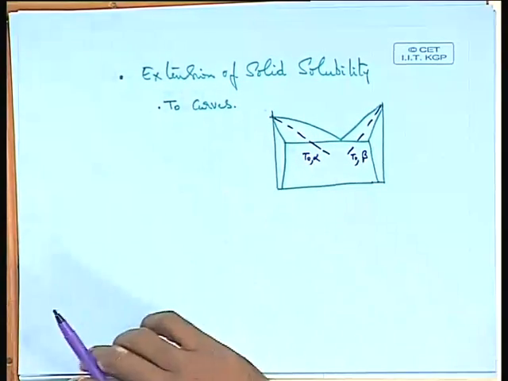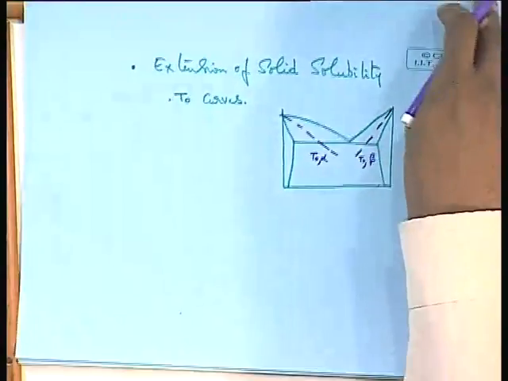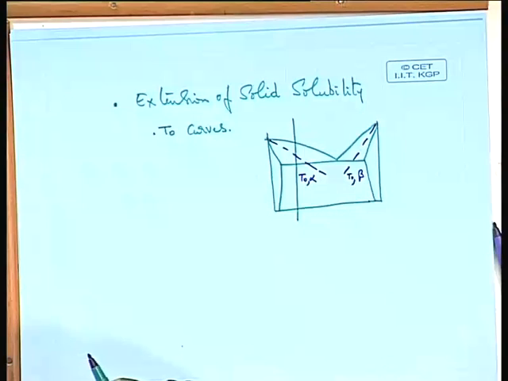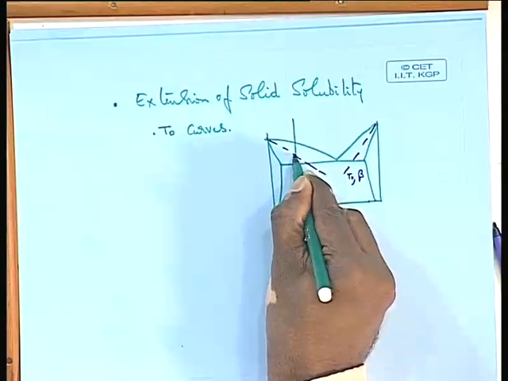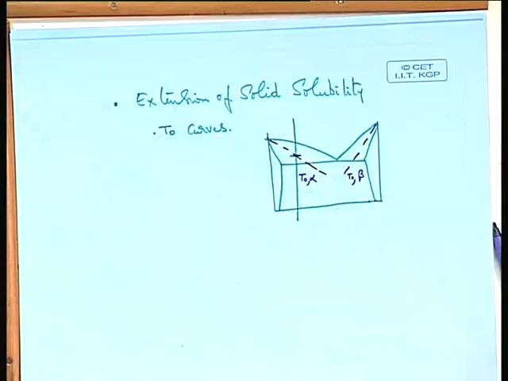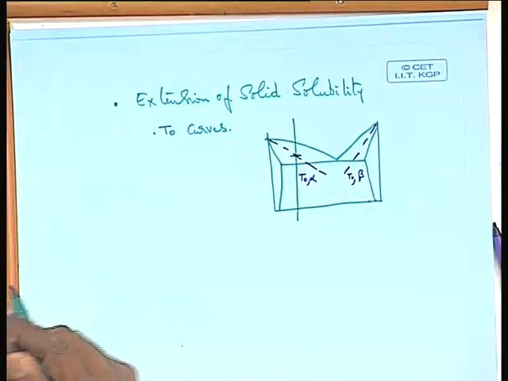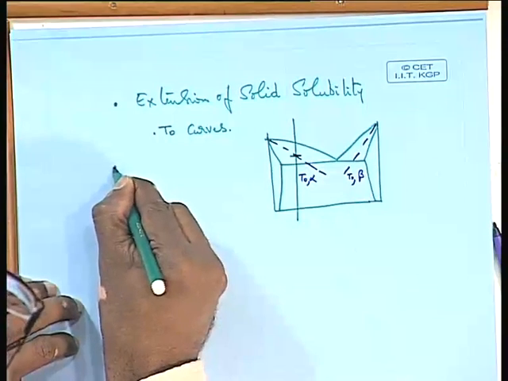If you look at these T0 curves, if I am cooling rapidly, I am providing high undercooling. Let's choose a composition like this. If I can undercool below this T0, then definitely there is a driving force for what is called partitionless solidification.